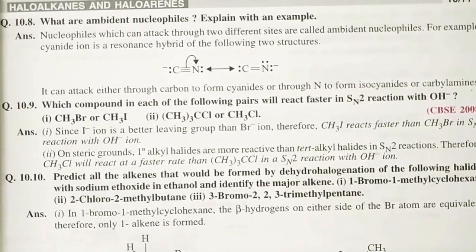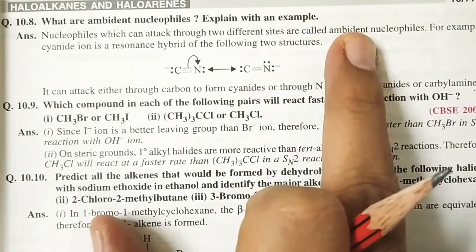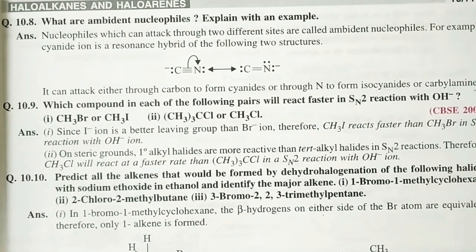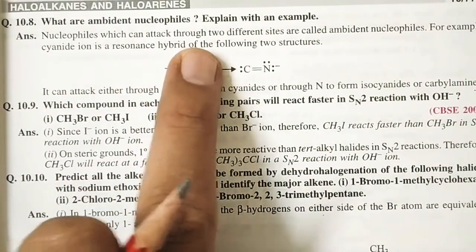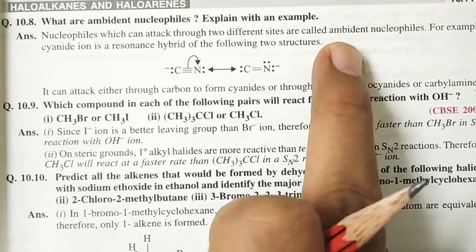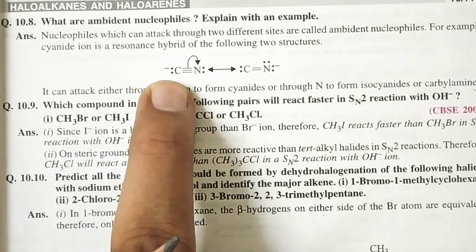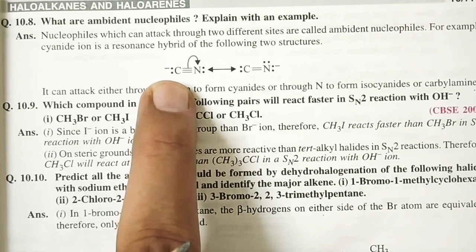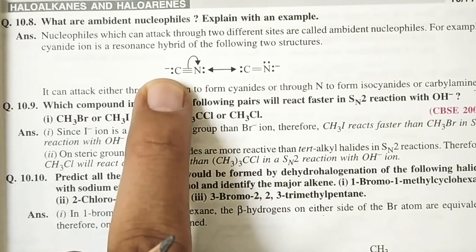In the case of 10.8, what are ambident nucleophiles? Explain with an example, right? We know that a nucleophile which can attack through 2 different sites is called an ambident nucleophile. For example, we have cyanide. In this case, the resonating structure of cyanide suggests that if the carbon, with its lone pair, attacks the partially positive carbon, then it forms a cyanide compound.